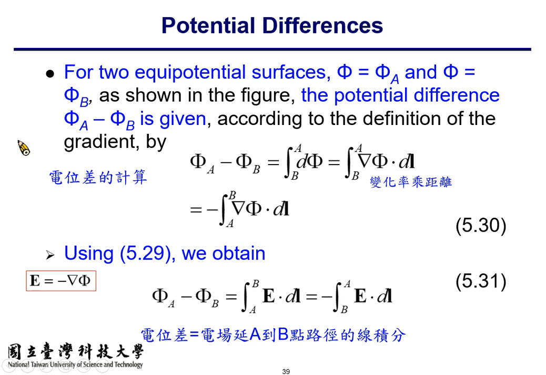Be careful about the sign. It changes if you integrate from A to B or B to A. So the potential difference is the line integral of electrical field intensity from A to B or B to A.